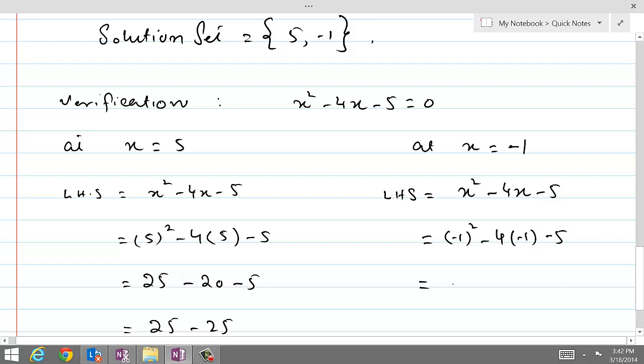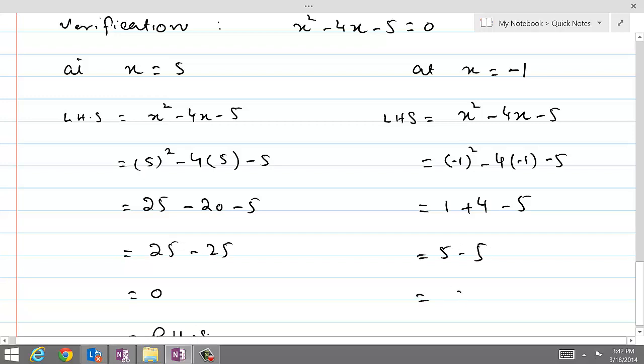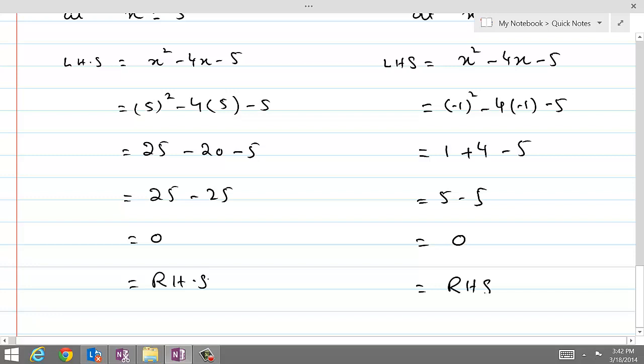This is equal to 1, minus times minus is plus 4, and then minus 5, and here we have 5 minus 5, that is equal to 0. See, we can verify both of these solutions, and this becomes again equal to the right hand side.